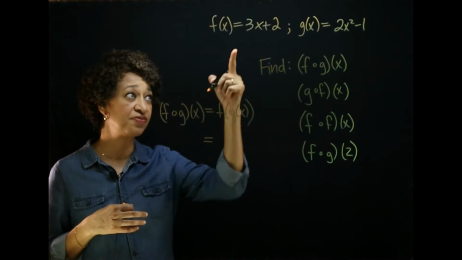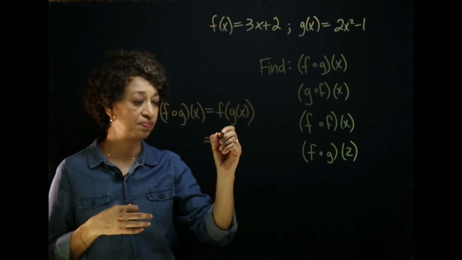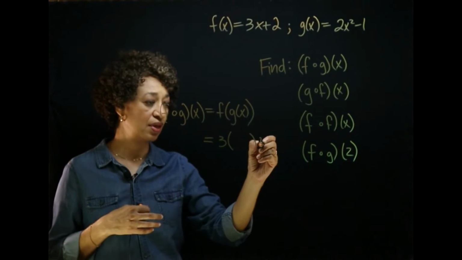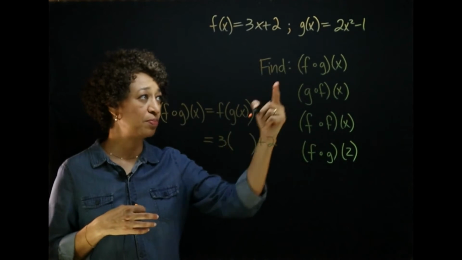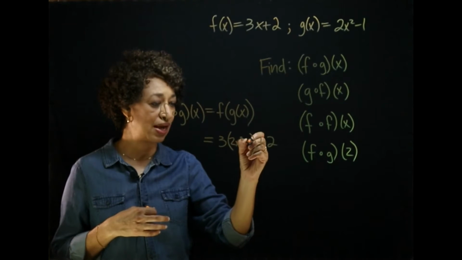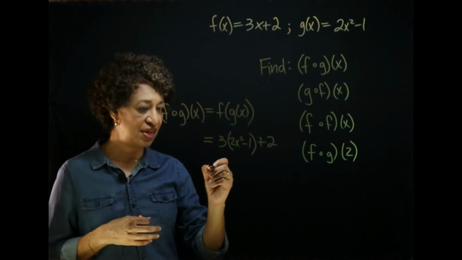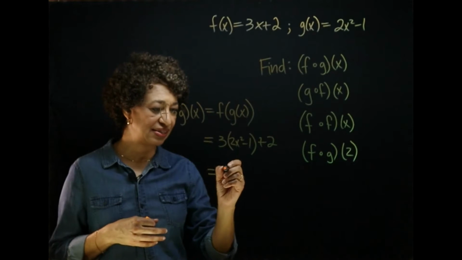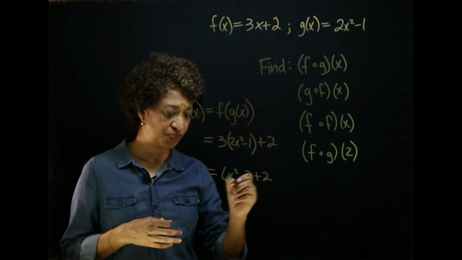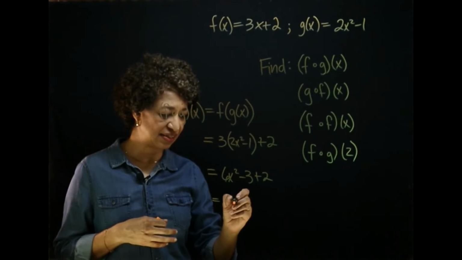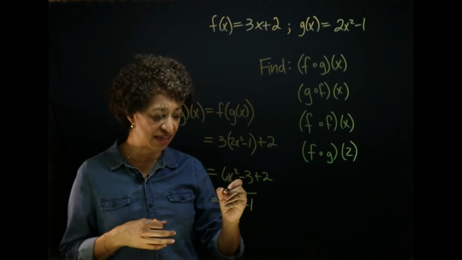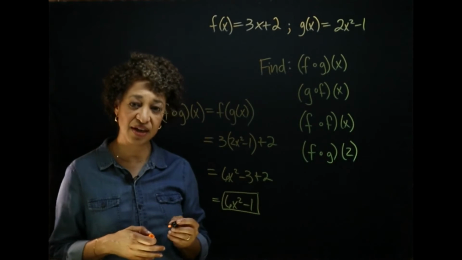So we find the function named f of x, we leave a gap, and inside that gap we place the function named g of x, 2x squared minus 1. Then we simplify. We get 6x squared minus 3 plus 2, which gives us 6x squared minus 1. So that is f of g of x.